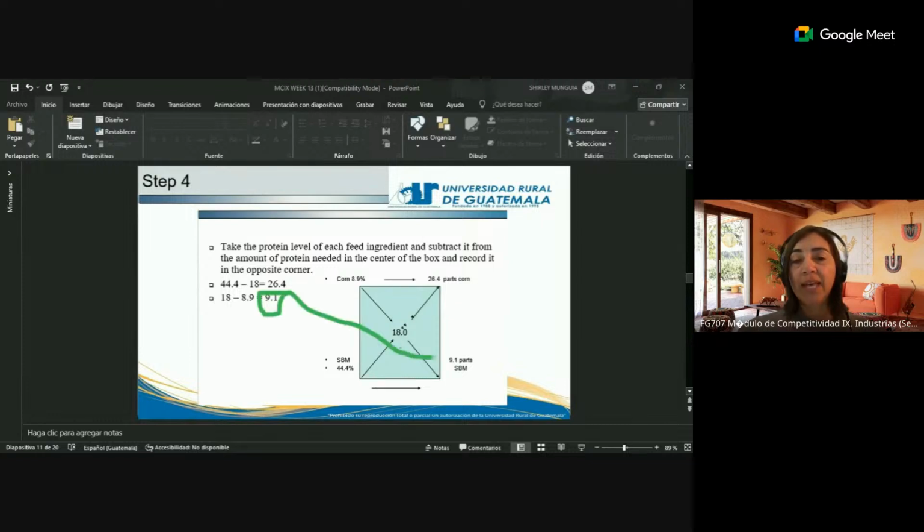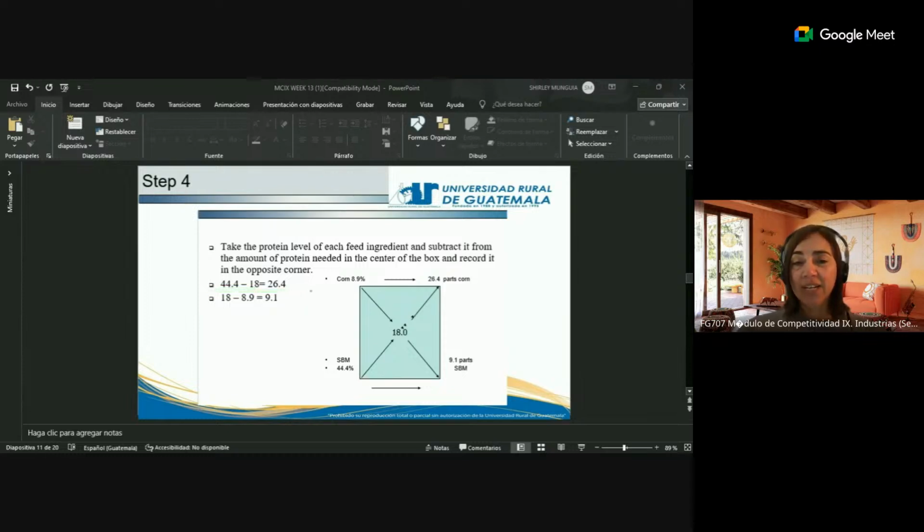We're going to put that right here in this corner. And for the other part, we have the 44.4. We're going to subtract 18 from that, and we have this answer, 26.4. This is the process that we have in here: 44.4 minus 18, we have 26.4.